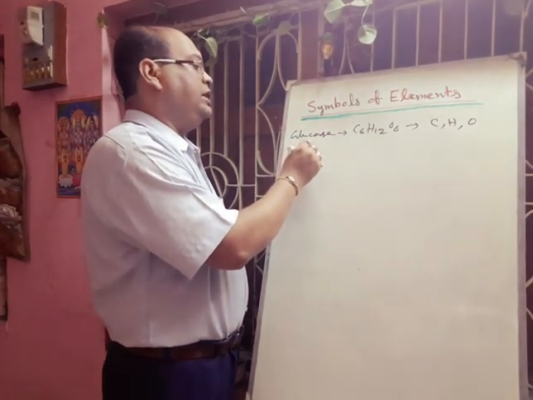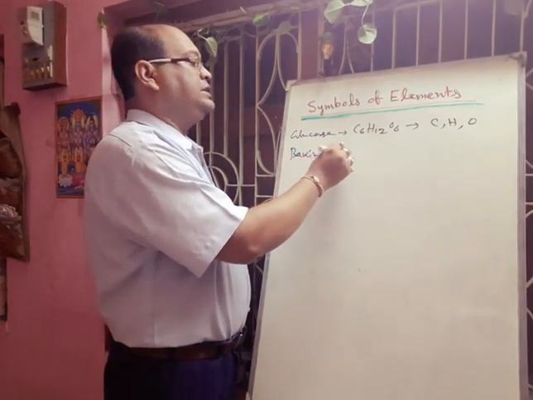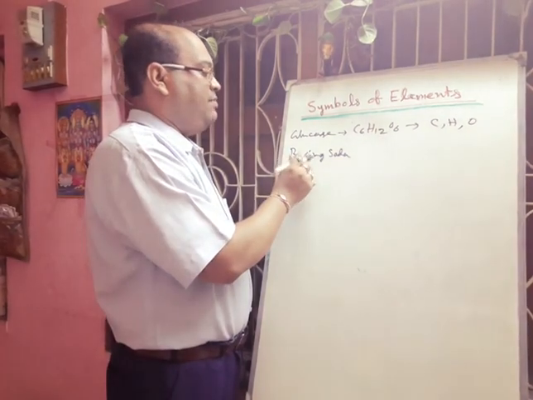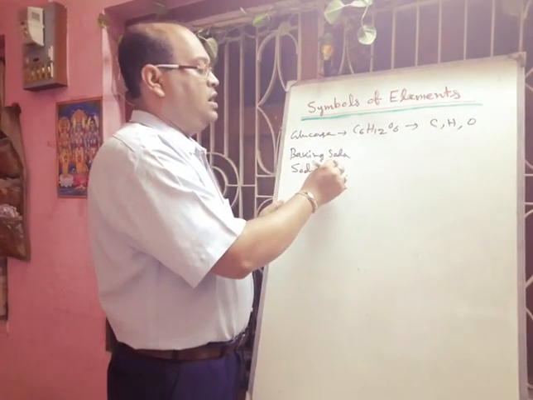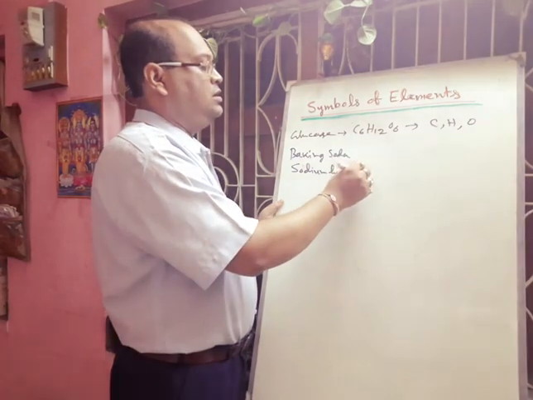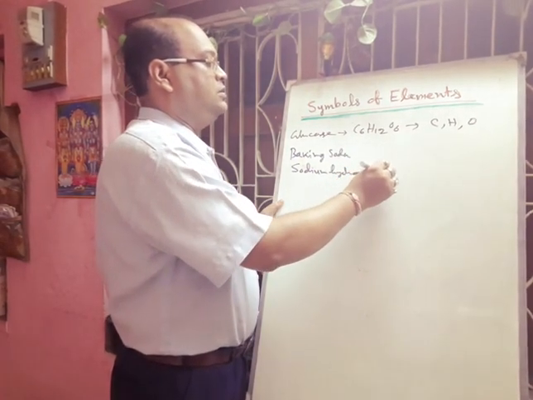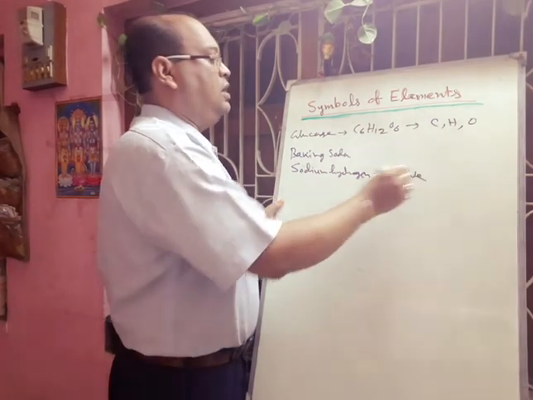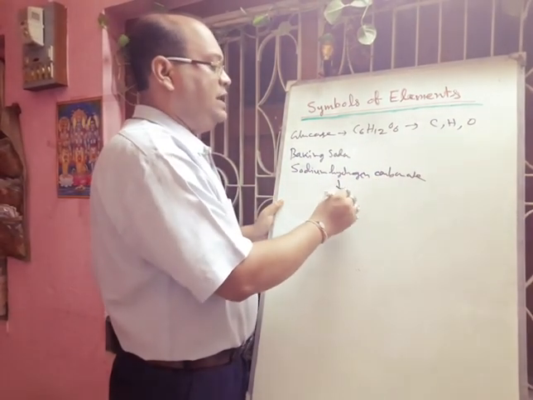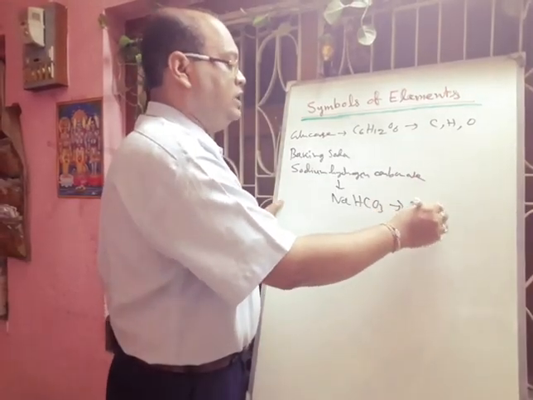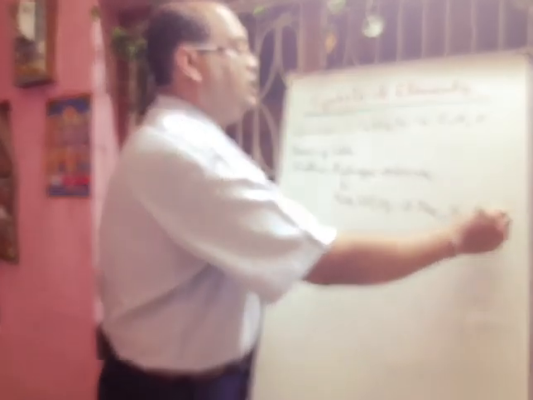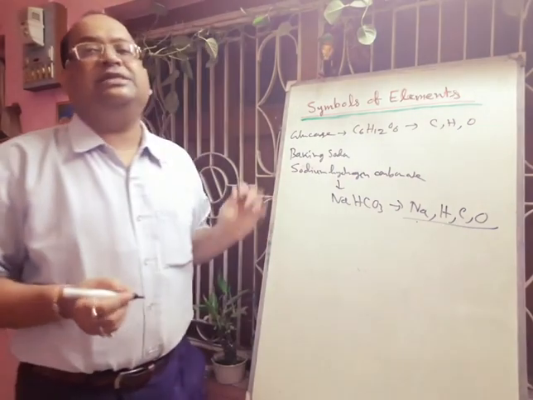Baking soda is the common name, and its chemical name is sodium hydrogen carbonate. Now what is the formula? The formula will be NaHCO3, and in this case there are sodium, hydrogen, carbon and oxygen. 4 types of elements are present.